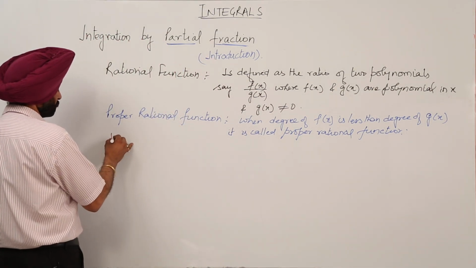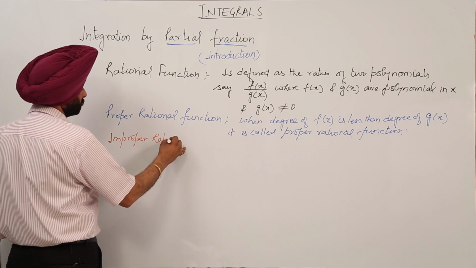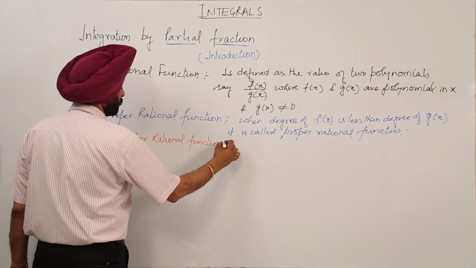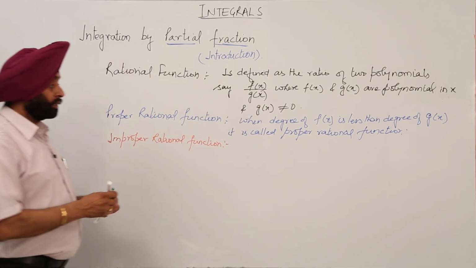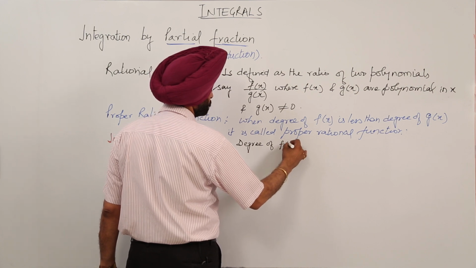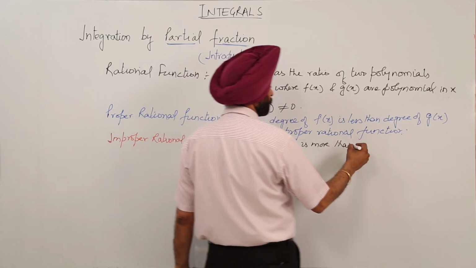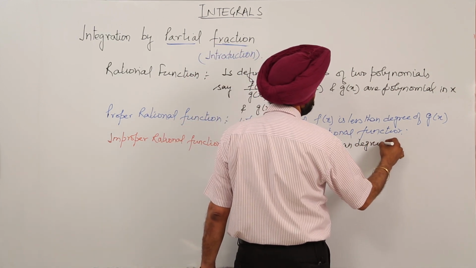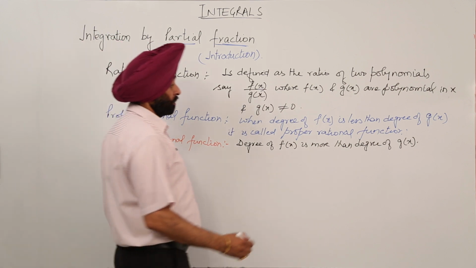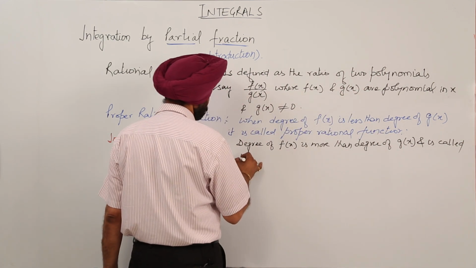Here degree of f(x) is more than degree of g(x), and it is called an improper rational function.